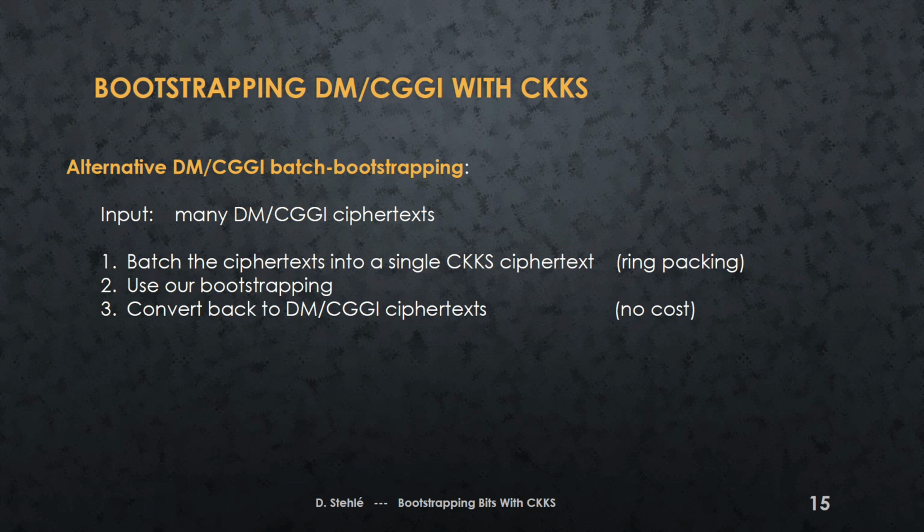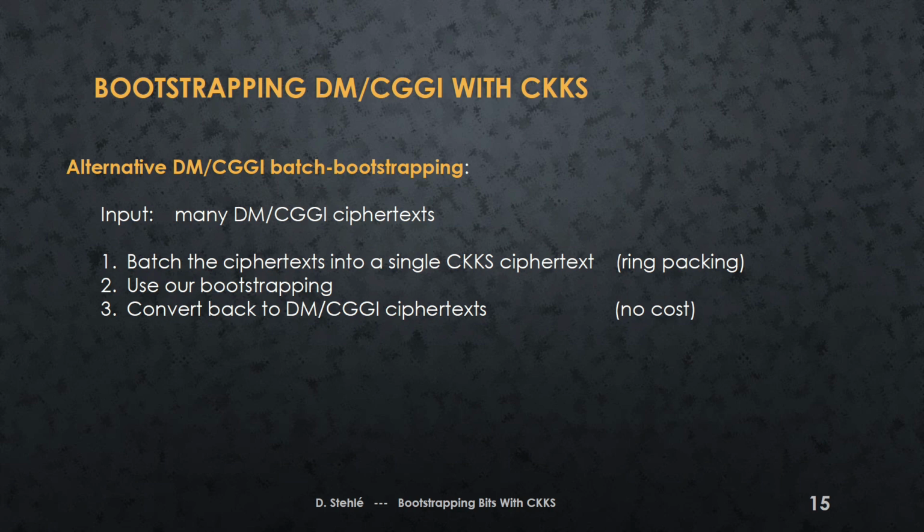Then, once it's in the CKKS format, we use our binary or bit CKKS bootstrapping. And after it has been bootstrapped, we convert back to DM-CGGI, so we go back from ring LWE to LWE, and that step is actually very simple. It's just reading the entries of the ring LWE ciphertext.